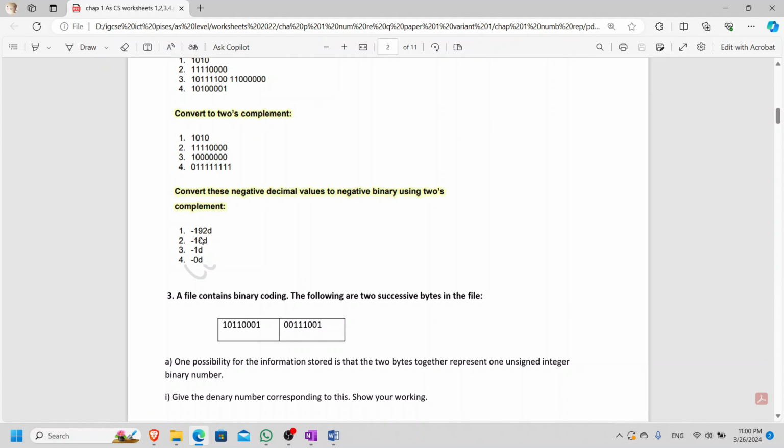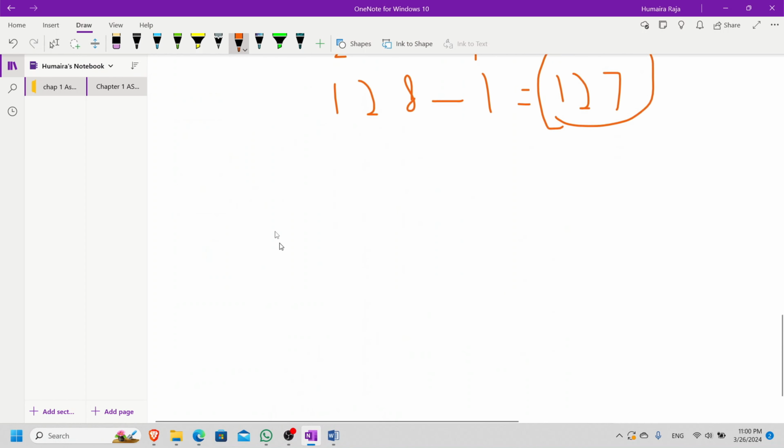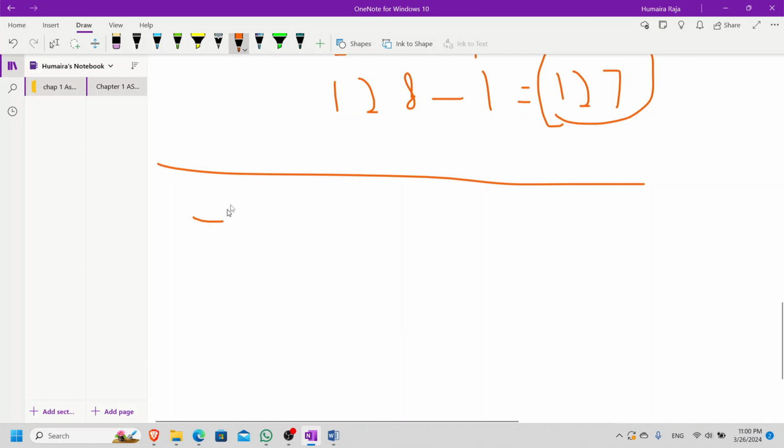Now what we are being asked is that you have to represent minus 192 using the 2's complement. Remember, we have been given minus 192. One thing you can do is use two different methods.